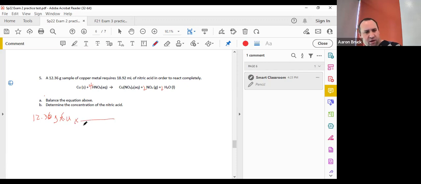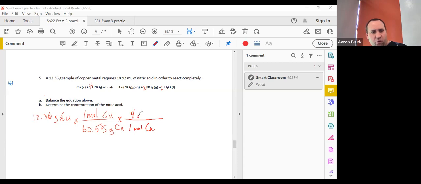and there are 63.55 grams of copper in every mole. And our ratio here, 1 mole of copper for every 4 moles of nitric acid.